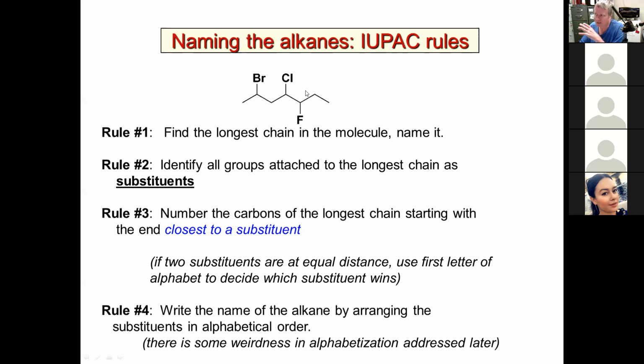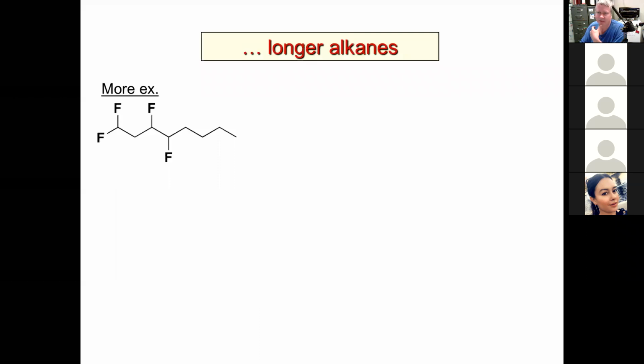It looks like with my magical ability to alphabetize things in my brain, it's going to be 2-bromo, 4-chloro, 5-fluoro, heptane, right? This will definitely be something you're going to see on some quizzes coming up. There's a lot of practice in the book too, so practice.